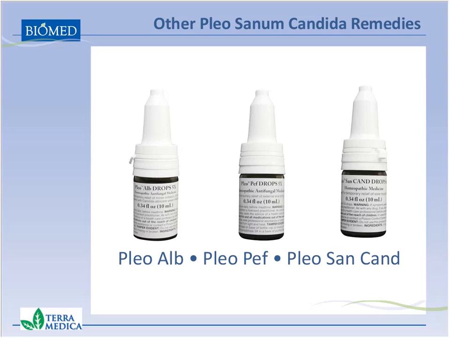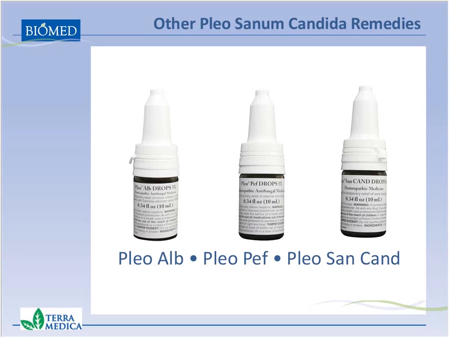And then there's also Pleo San Cand, and Pleo San Cand is the cell wall deficient remedy for the cell wall deficient forms. Pleo San Cand would be used in patients that have had long existing systemic Candida, never well since, who can't seem, even after doing Candida type cleanses and diets, to fully get better.